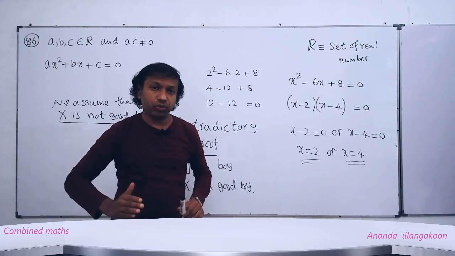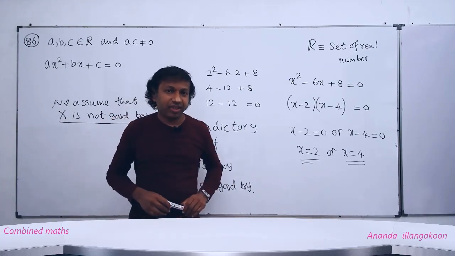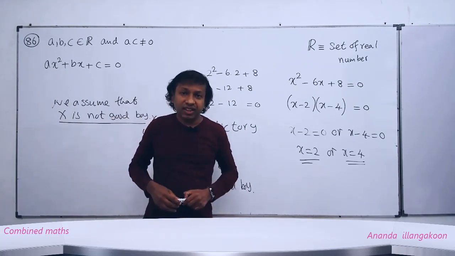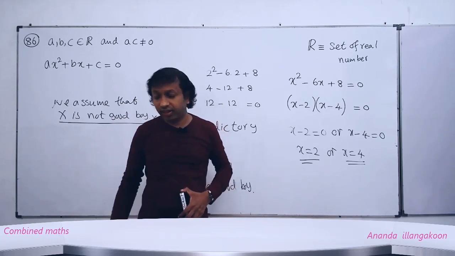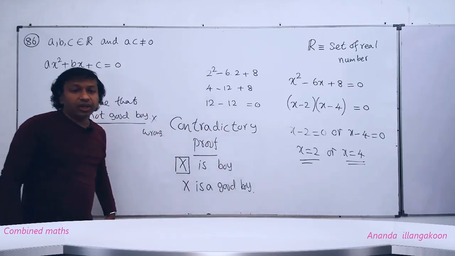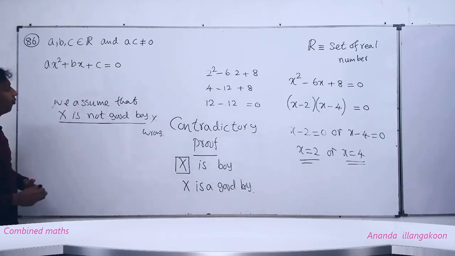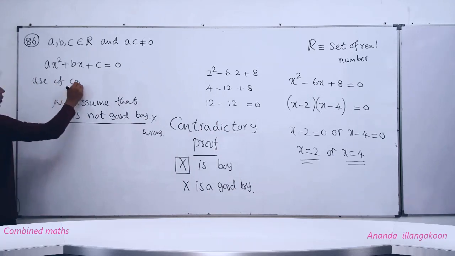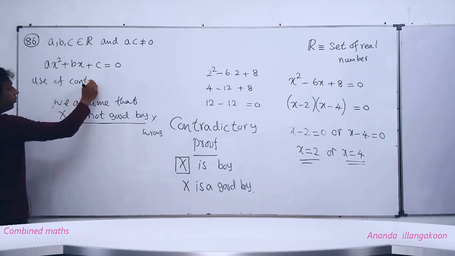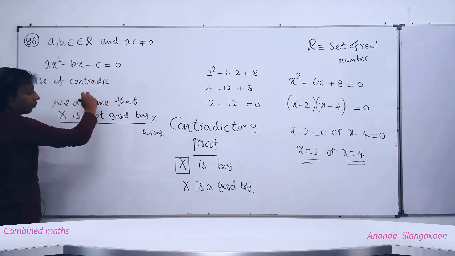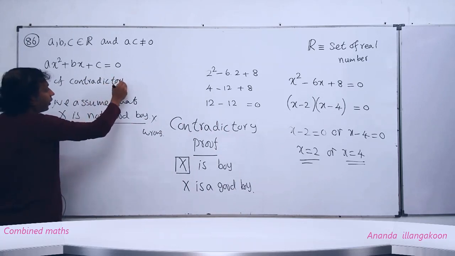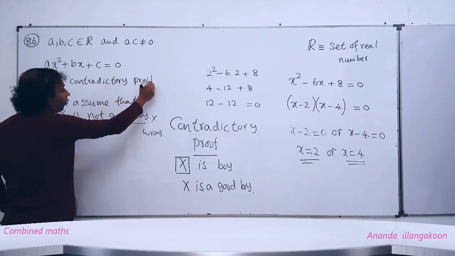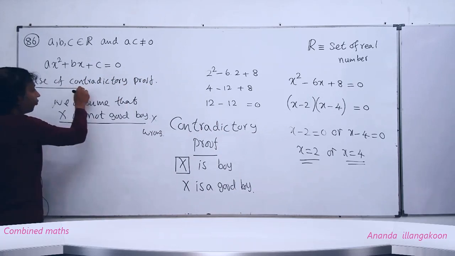So then we'll use the contradictory proof to prove this part. Then we'll write: use of contradictory proof.